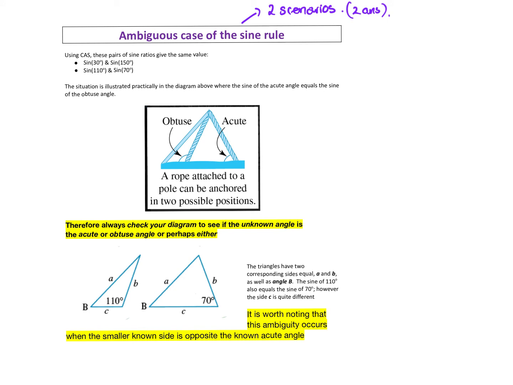You have to look for extra information. You might be able to tell which one it is by the diagram, or you might just have to state that there are two possible answers. So what they're saying is, if you look down here and you had two sides of a triangle that were given to you.